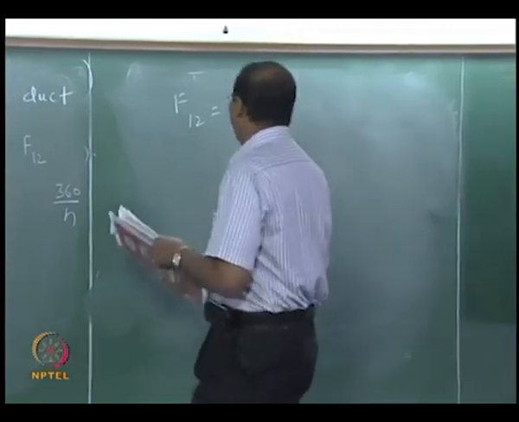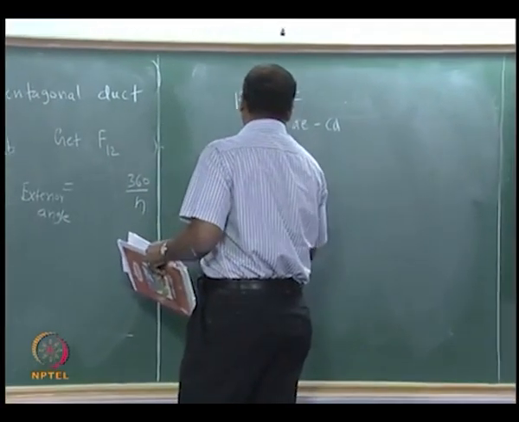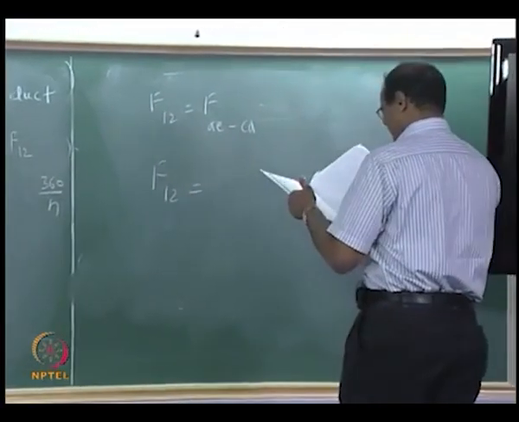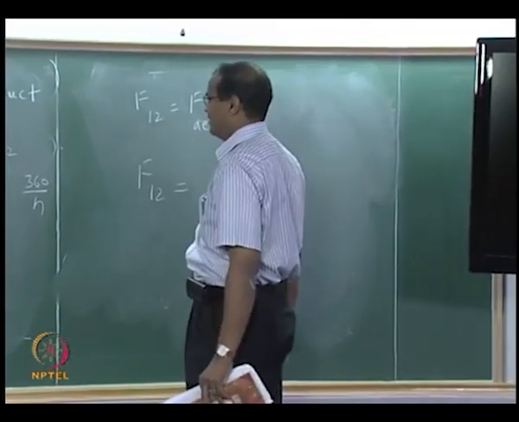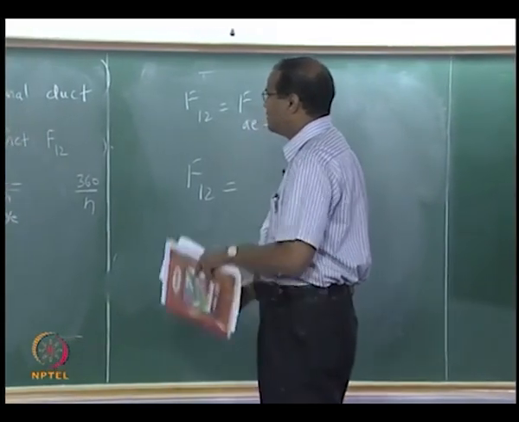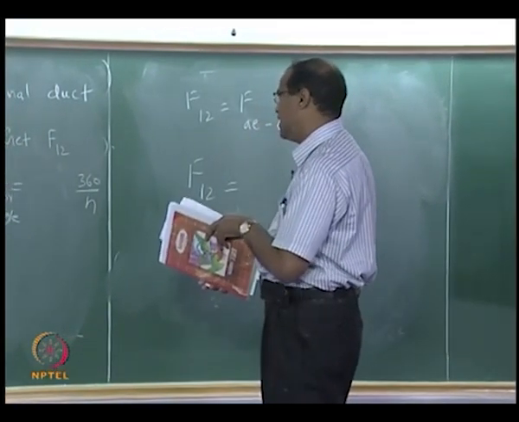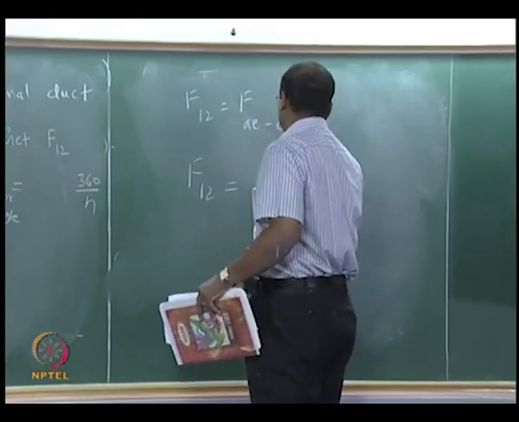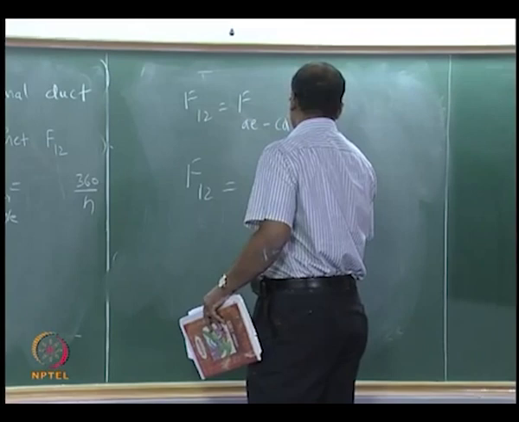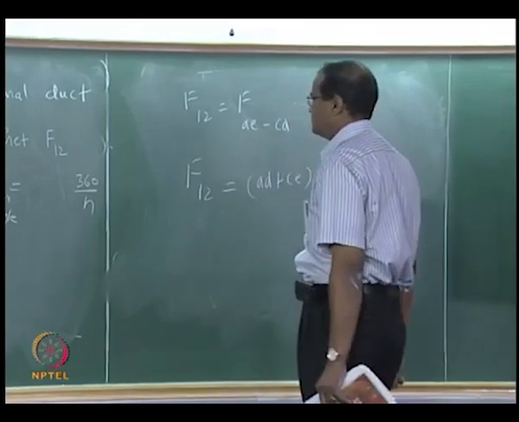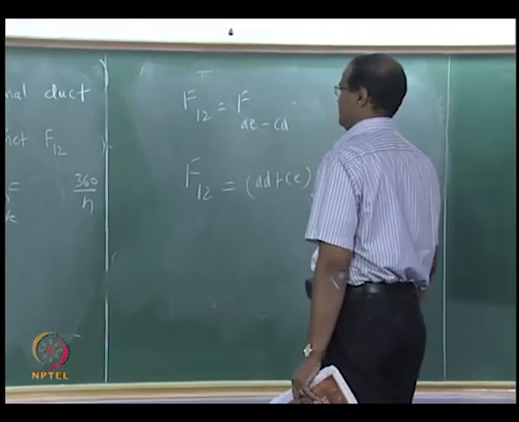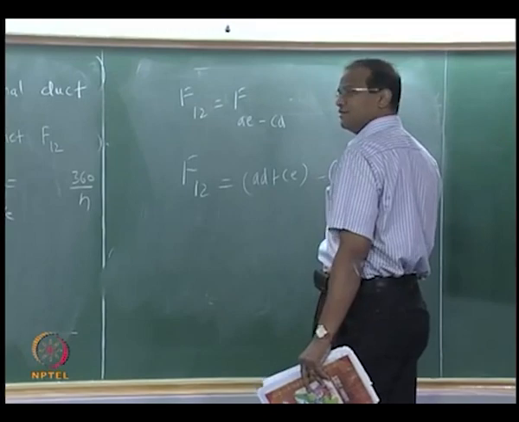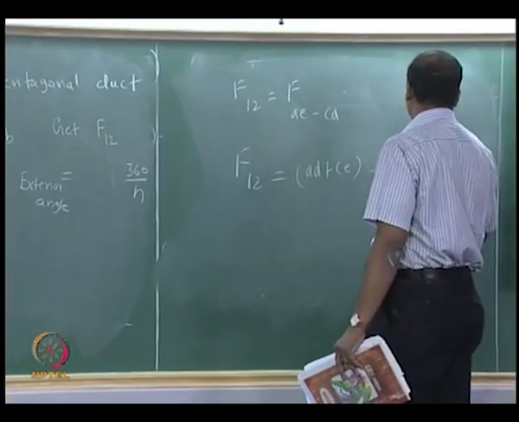Now F12 is equal to AD plus CE minus AC plus... very good.